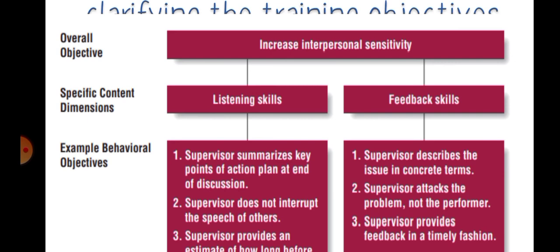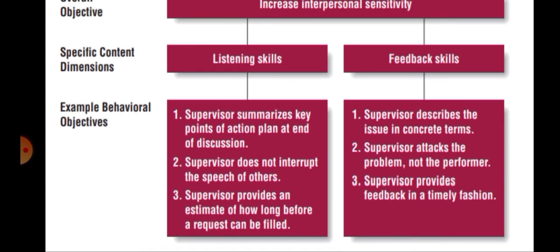So, also here are example behavioral objectives. Number 1, supervisor summarizes key points of action plan at the end of discussion. Number 2, supervisor does not interrupt the speech of others. Number 3, supervisor provides an estimate of how long before a request can be filled.